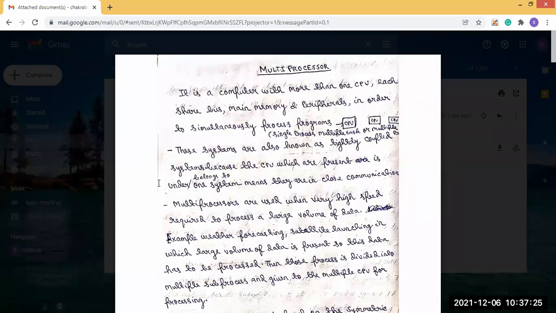And all these processors belong to one system. So that's why we say the multiprocessor system is a tightly coupled system.